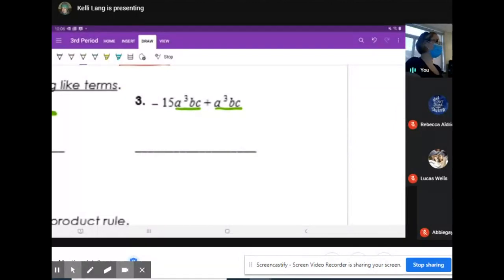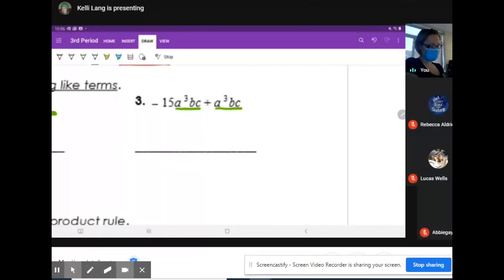All of that has to match. If even one thing is different, for instance, if this were a 2 instead of a 3, they wouldn't match. If this side just so happened to not have the c here, they wouldn't match. They have to match in every way. All the same variables, all the same bases, all the same exponents.